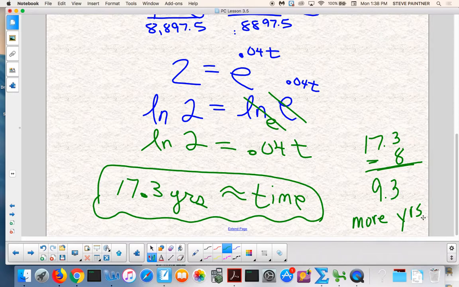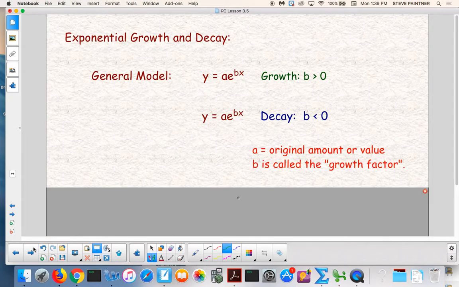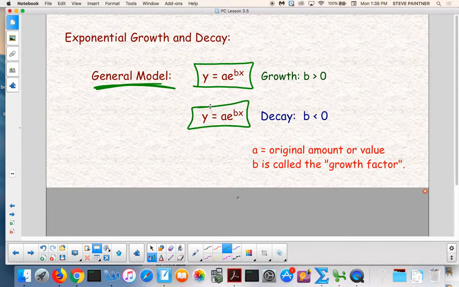Okay, here's a couple things I want to tell you. I'll just go to the next slide. Today, you will be working with this kind of model. The exponential growth or decay model looks like this. This is just a general model: y equals a times e to the bx. When is it going to be growth? When your b value is greater than 0.